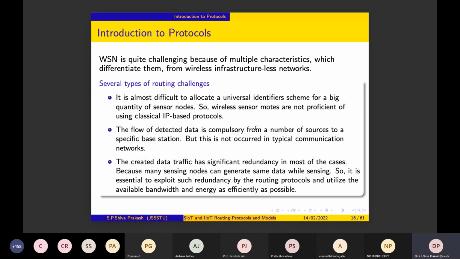Also, the created data traffic has a significant redundancy in most cases because many sensing nodes can generate the same data while sensing. So it is essential to exploit such redundancy in the routing protocols, utilize the available bandwidth, and be as energy efficient as possible.